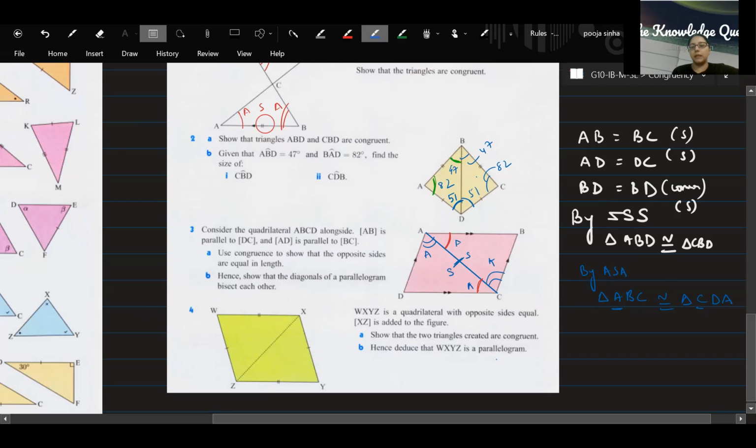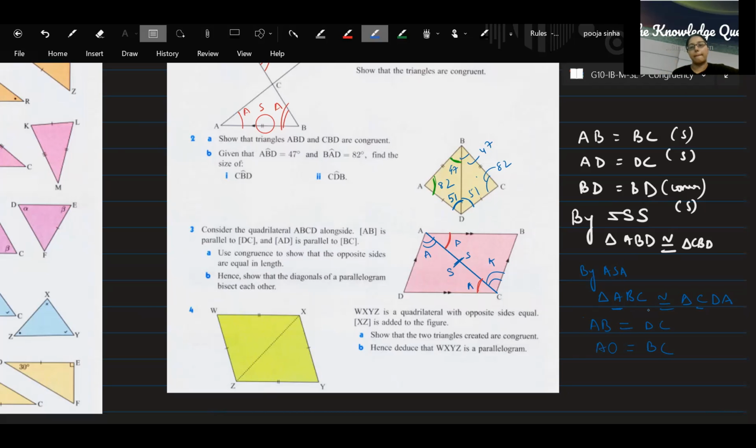By CPCT, corresponding parts of congruent triangles, side AB is equal to side DC, and side AD is equal to side BC. They are the corresponding parts of the two congruent triangles that we just proved. Clear? Very nice.